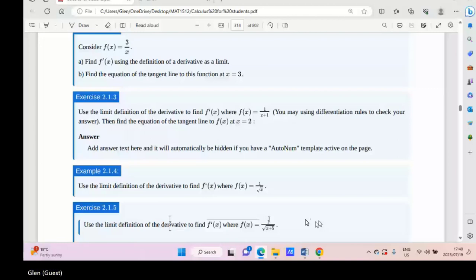Okay, so I rewrote that question as 1 over open bracket x plus 5 raised to the power 1 over 2. And then so that I could simplify it even further, I rewrote it as open bracket x plus 5 closed bracket all raised to the power negative 1 over 2. So from there, I brought the negative 1 over 2 to the front.